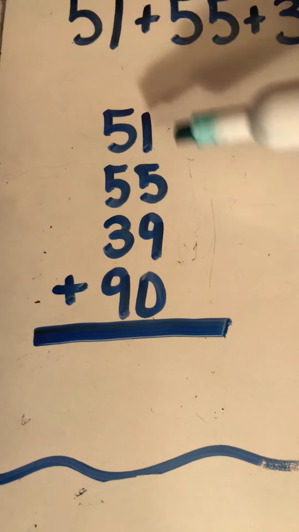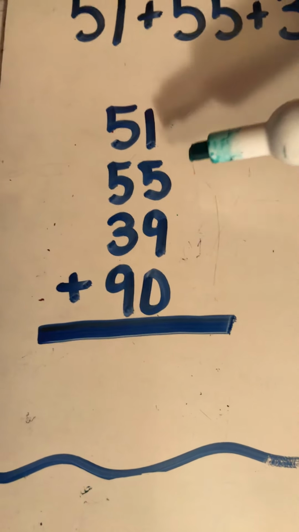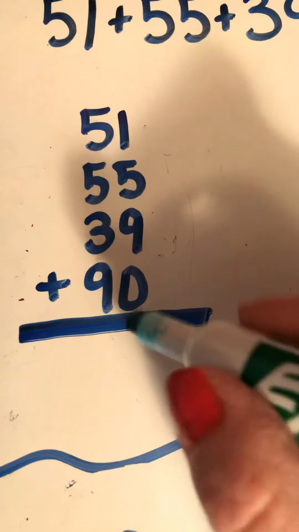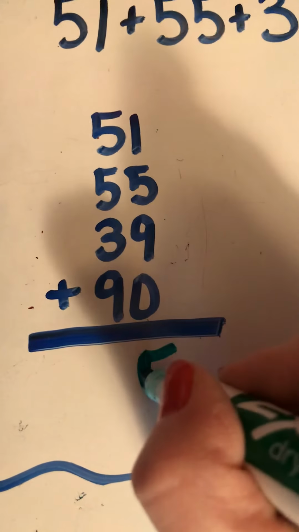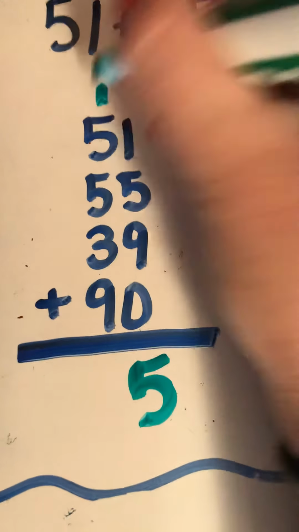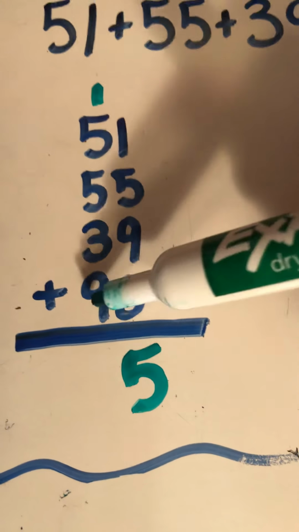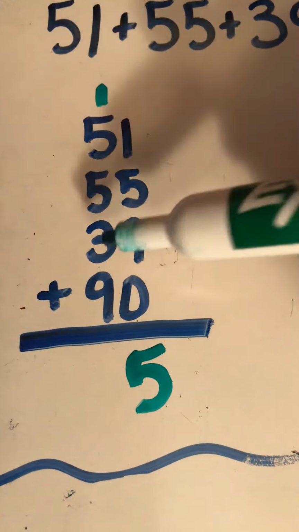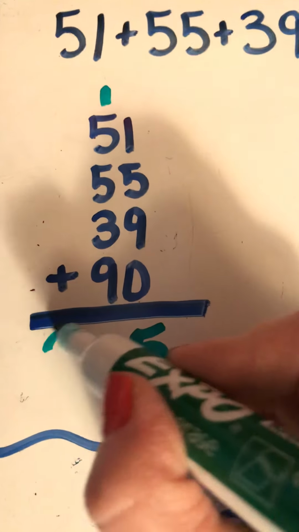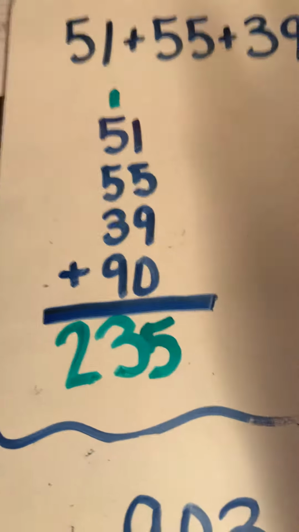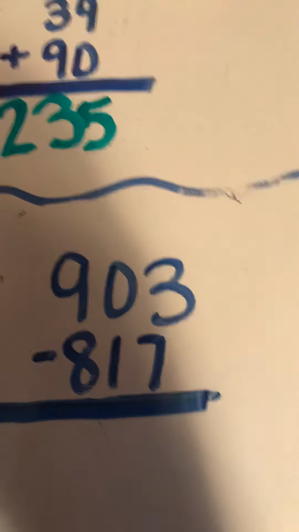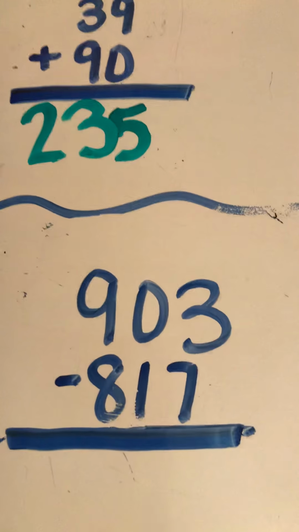So I know that 1 and 9 is 10, and then I add 5 more. That gives me 15. I carry my 1. Again, I try to make 10, so 5 and 5 is 10, and 9 and 1 is 10, so that's 20. Plus 3 more is 23. So 235.